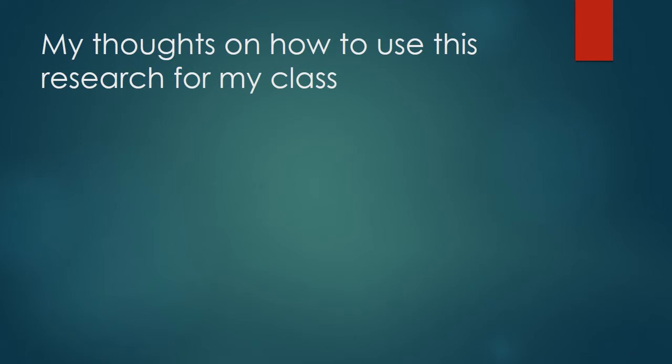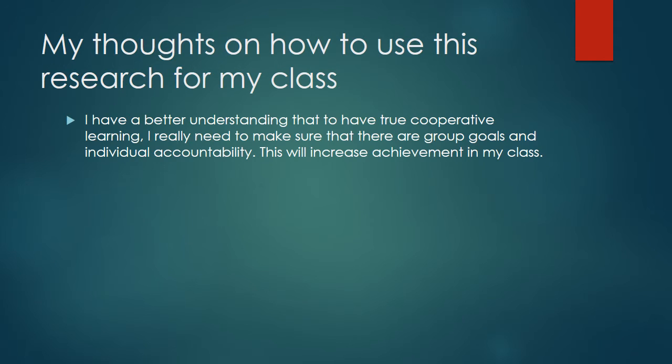So for me, looking at this research, I wanted to know, how will I use this in my class and my teaching? And I now have a better understanding that to have true cooperative learning, I really need to make sure there are group goals and individual accountability. That's what's going to increase the achievement in my class.